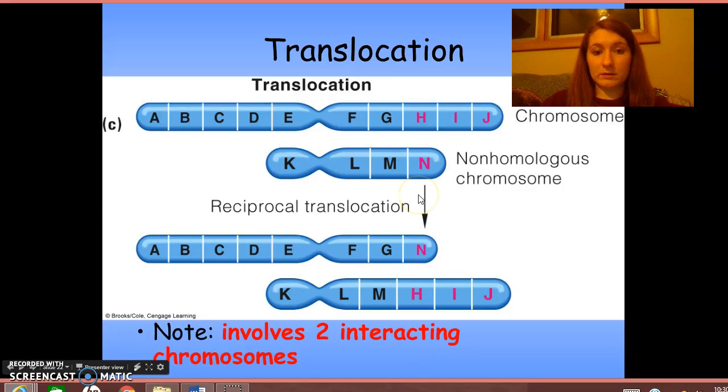So then if you translocate these genes, this N will go on the longer chromosome, and then that H, I, and J will go on this shorter chromosome, making this originally very long chromosome shorter, and this shorter chromosome a little longer than it originally was. So it involves two interacting chromosomes, two different ones, not the same chromosome pair.